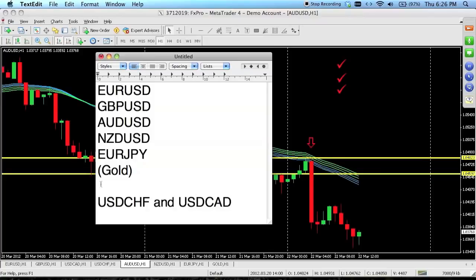The pairs above this line work together. The pairs below this line work opposite. So, Aussie dollar we're going to sell. That means we can sell all of this.